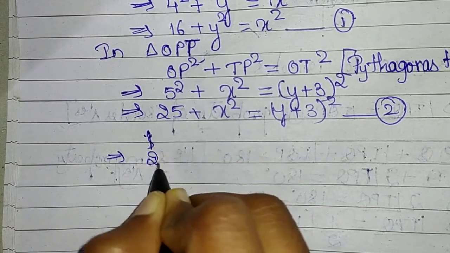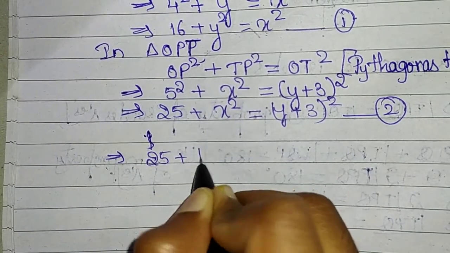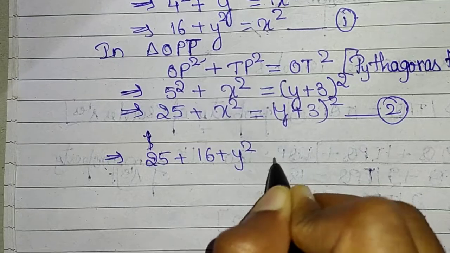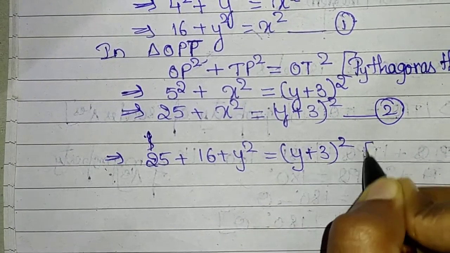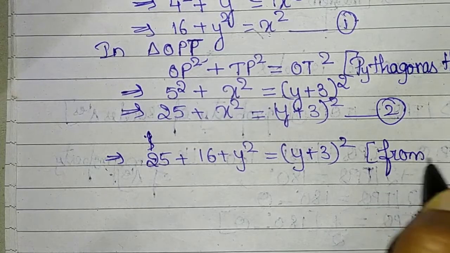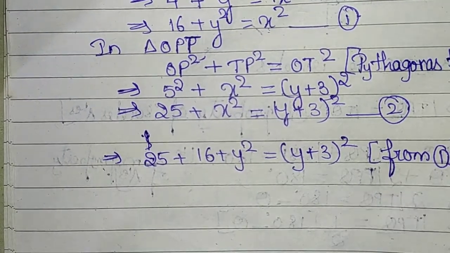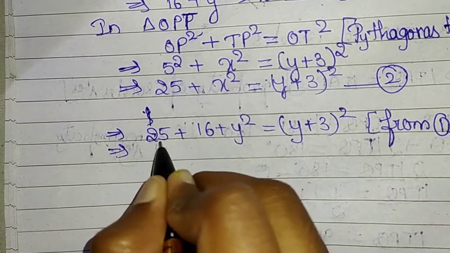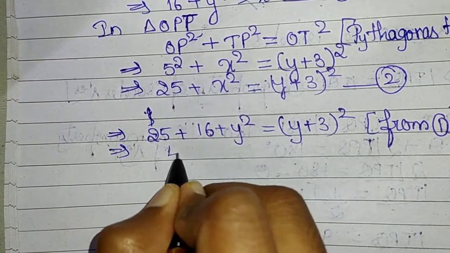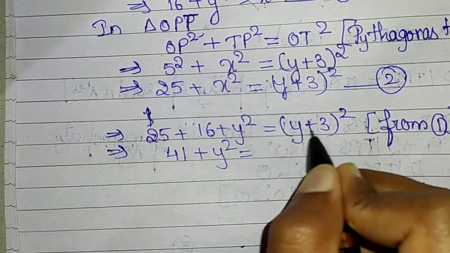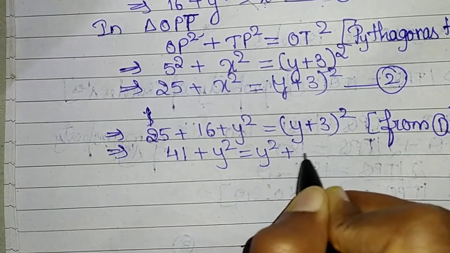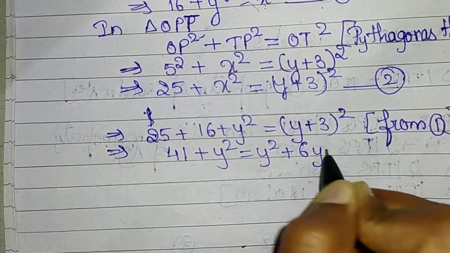We get 25 plus 16 plus y square is equal to (y plus 3) whole square, from relation 1. On simplifying, we get 41 plus y square is equal to (y plus 3) whole square, that is y square plus 6y plus 9.